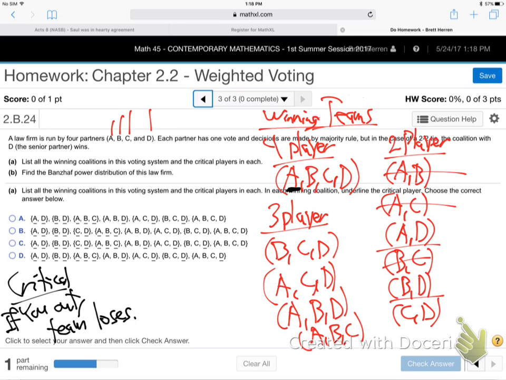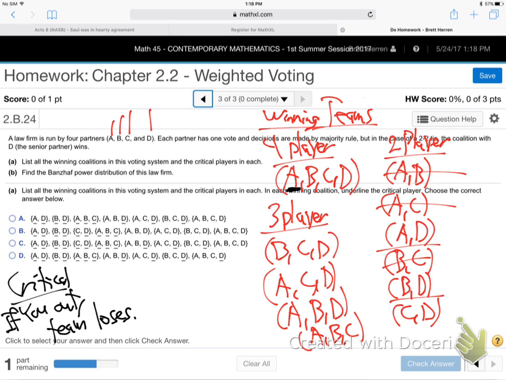If A's out, and A says, I don't like that idea anymore, and it's just B, C, D, do they lose? No, they have a majority still. They still get their way. So A's not critical. In fact, nobody's critical up here. Even D. If D says no, A, B, C still have a majority. Critical means if you're out, the team loses. Team loses without you. Like Anthony.